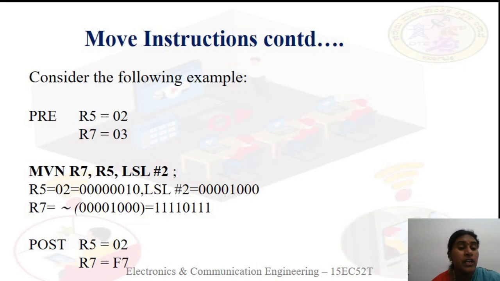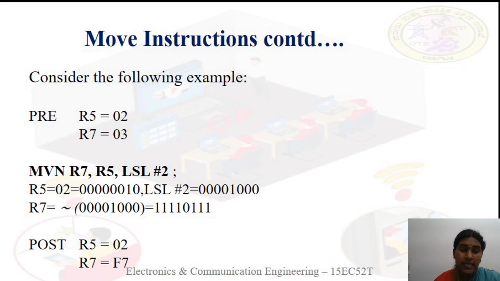MVN means you have to complement the content and then move it. Then R7 is nothing but the complement of this value. The complement of this value will be 1111 0111. So the answer will be F7. So after the execution of this instruction, F7 will be moved into the register R7.